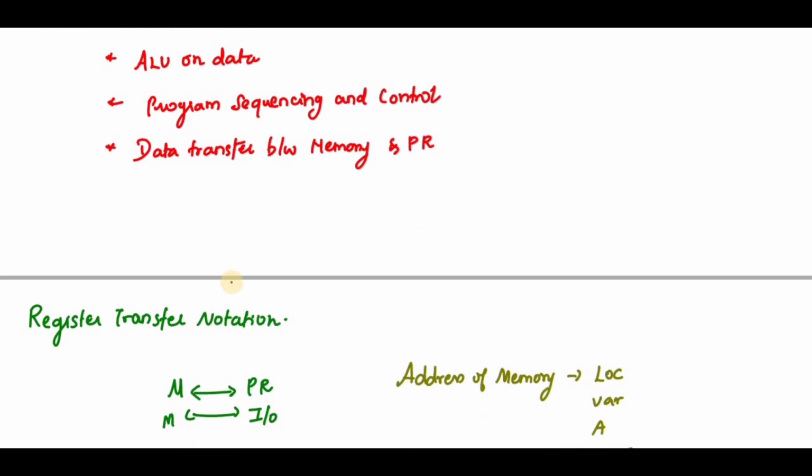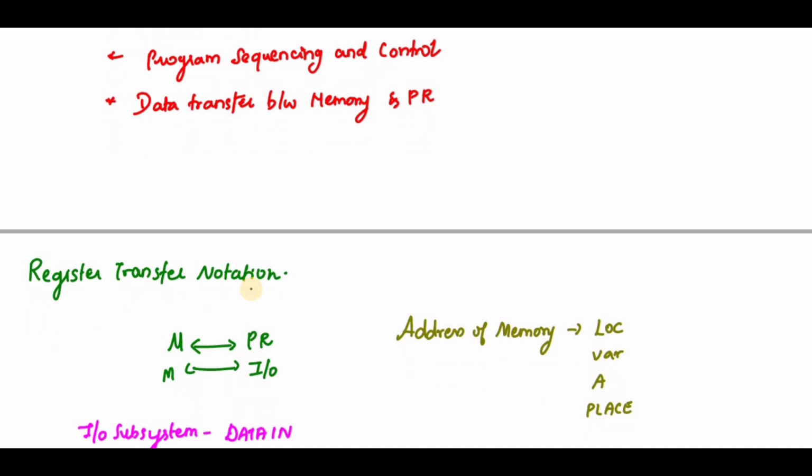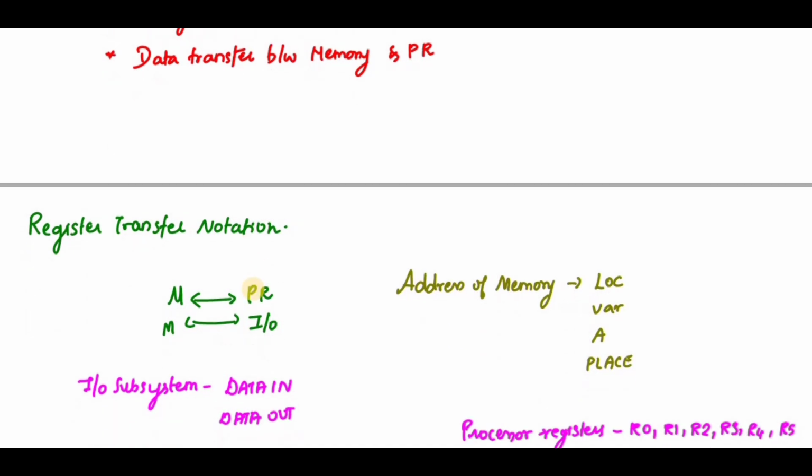So first, let us discuss register transfer notation. Here, the data must be transferred from the memory to the program register, because all the data and instructions regarding the program are stored in the memory.